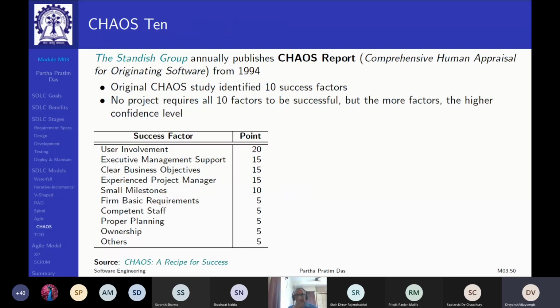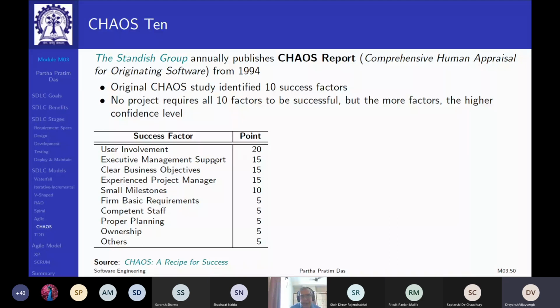There's a Standish Group which annually publishes a CHAOS report, for decades. What they do is analyze various projects that are going on in the world, and analyze them based on 10 success factors. So these are the 10 success factors.